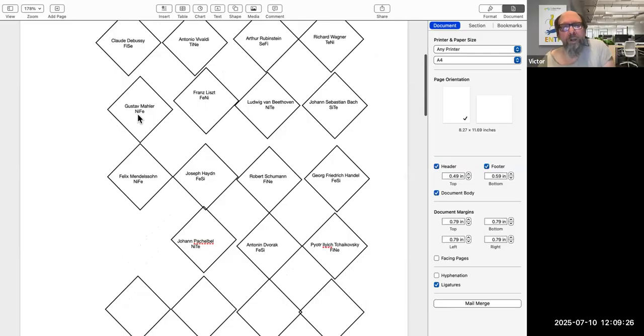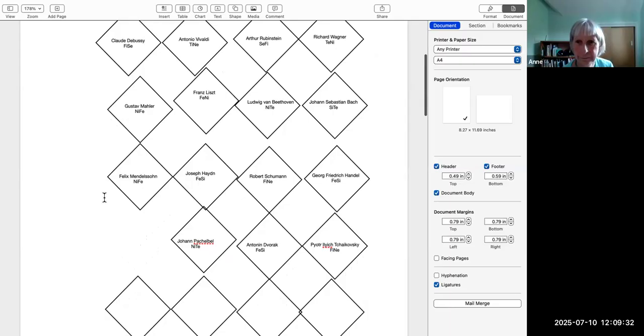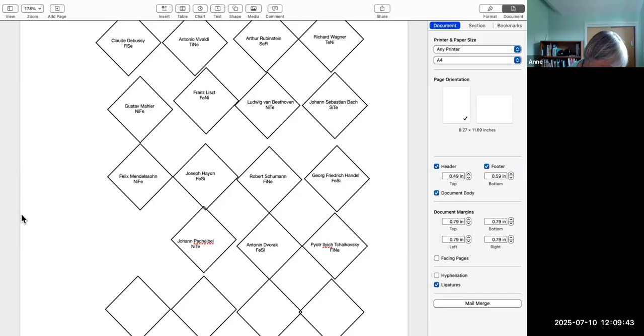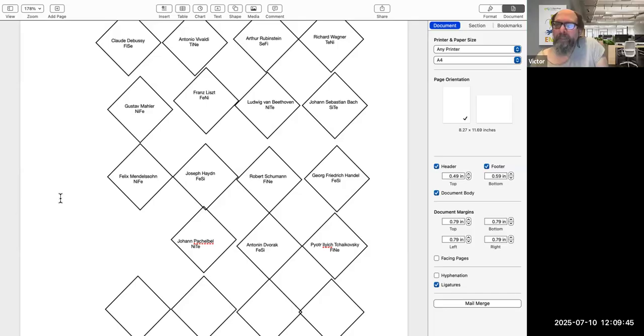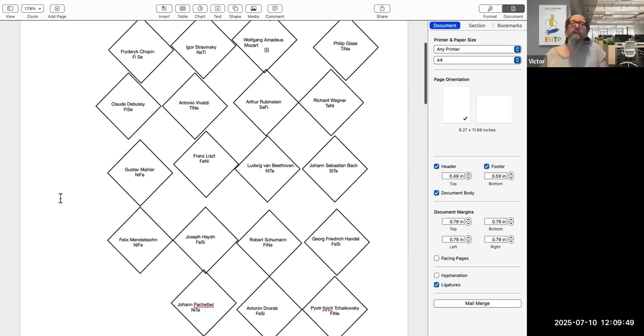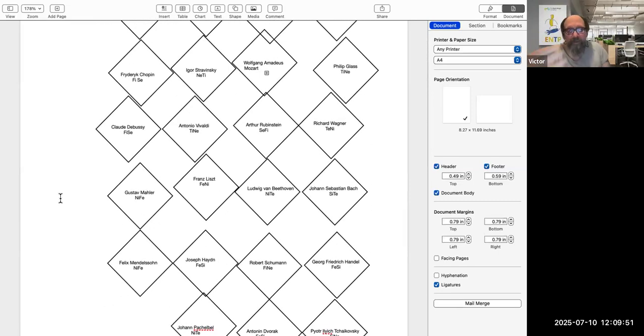Now, if you know a little bit about these folks or listen to their music, you might want to consider how they are different and how they are similar as you're looking at this on the board. And there's a caveat here. These are not necessarily their assessment.